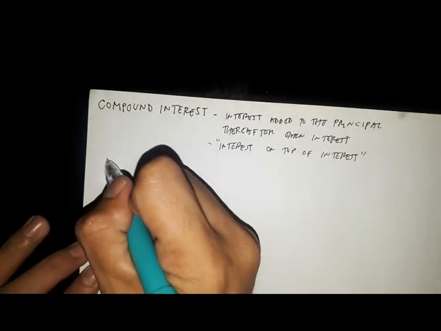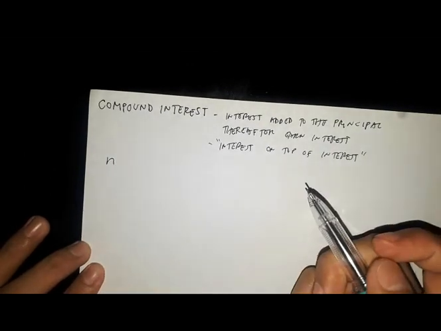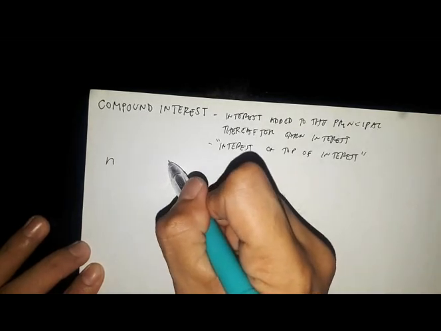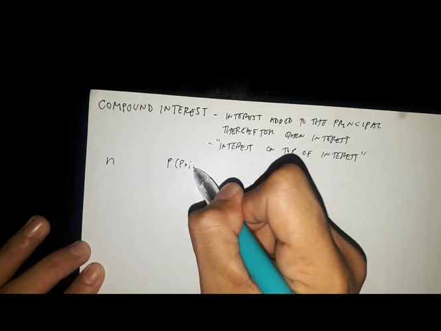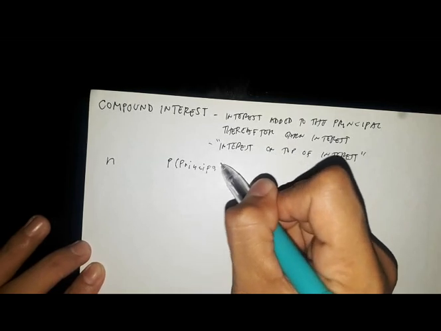So to explain it clearly, let's make a table. So we have your n, or the number of periods. We have your P, or the principal.